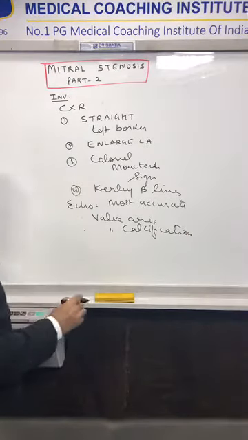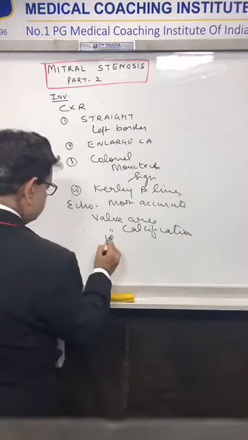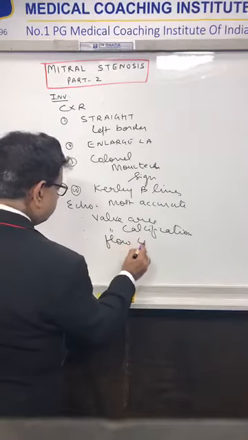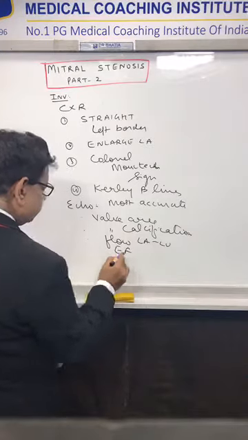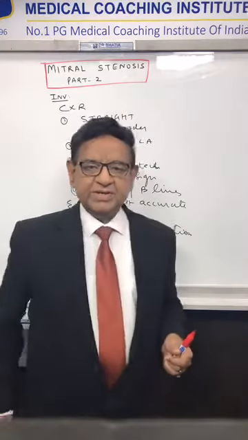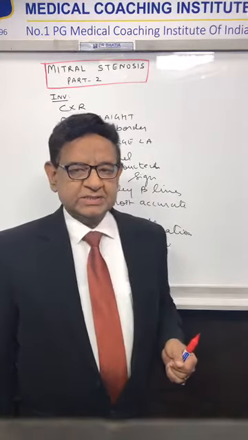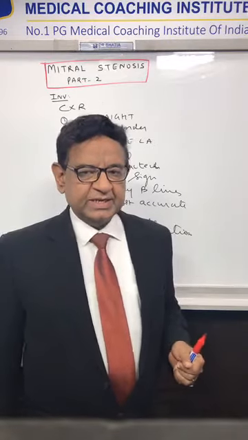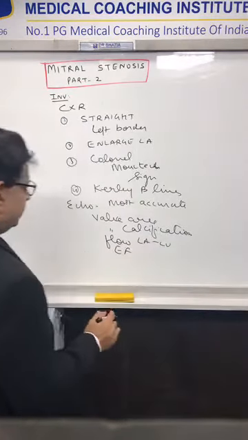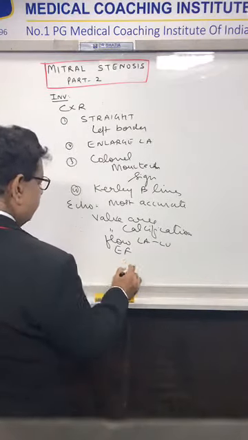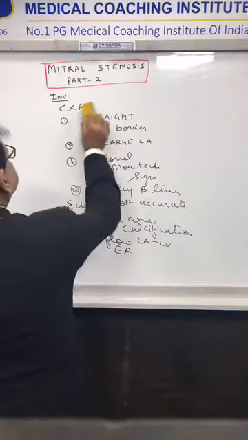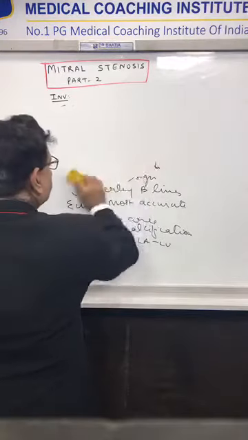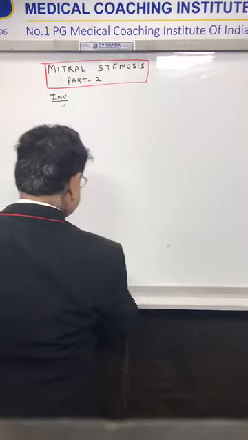You can also see the flow of blood from LA to LV. You can measure the ejection fraction. How much is the ejection fraction? All these we can see in echocardiography. This is all what we get in echocardiography.